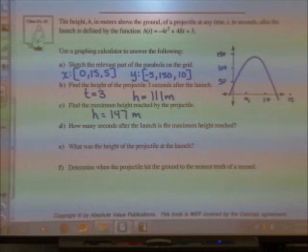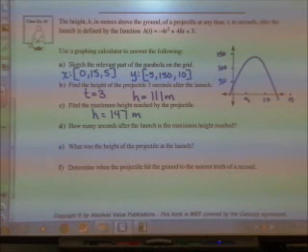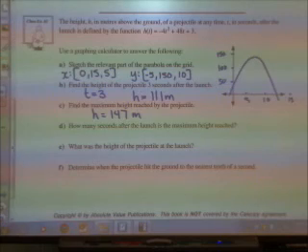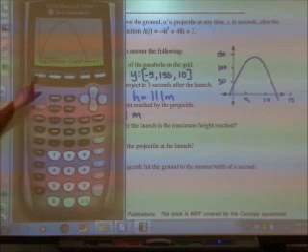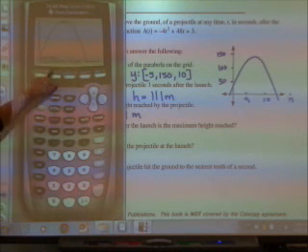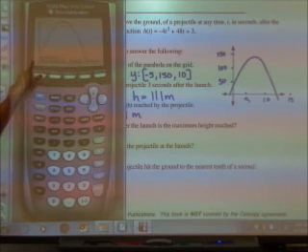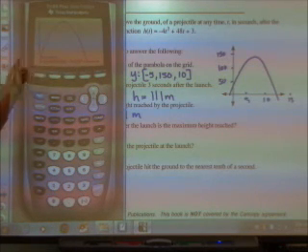How many seconds did it take for that maximum height to be reached? So if I go back to this picture, what's my x value? So my y value was 147, my x value was 6.